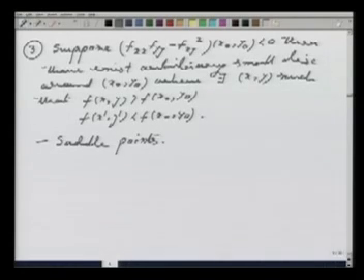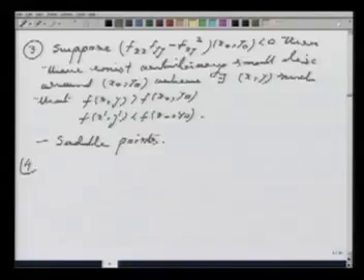So saddle points are points for which of course fx and fy turn out to be 0, but when I look at fxx fyy minus fxy square at x naught y naught, that turns out to be negative. These are called saddle points. So the quantity D which I had written down at x naught y naught turns out to be negative. Those are saddle points.